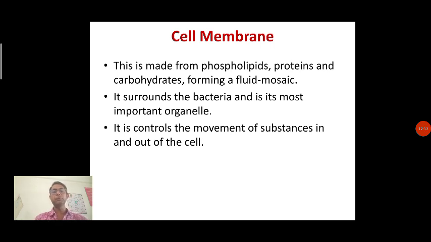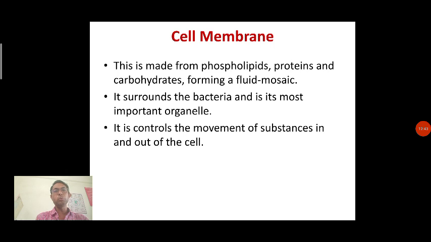In first year we have discussed this fluid mosaic structure, in which the phospholipid is present, the protein is present, and along with that carbohydrate is also present. So this is the structure which is present in the cell membrane. Now this cell membrane surrounds the bacteria, and it is the most important organelle because it helps in protection, and it also helps in the size and shape of that particular bacteria.